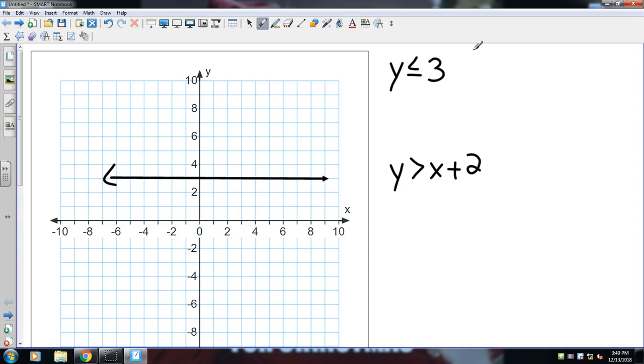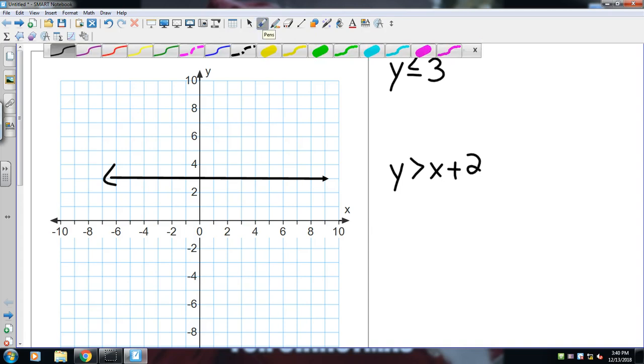So I'm going to go ahead and color the entire region, and you'll see why here in just a minute. You won't have to do this every time, but I'm just showing the point of what's going to happen. And so these would be all of the values that would satisfy that equation.